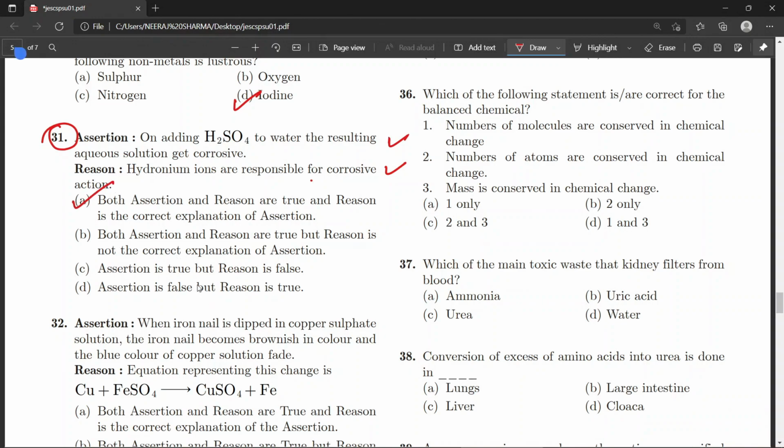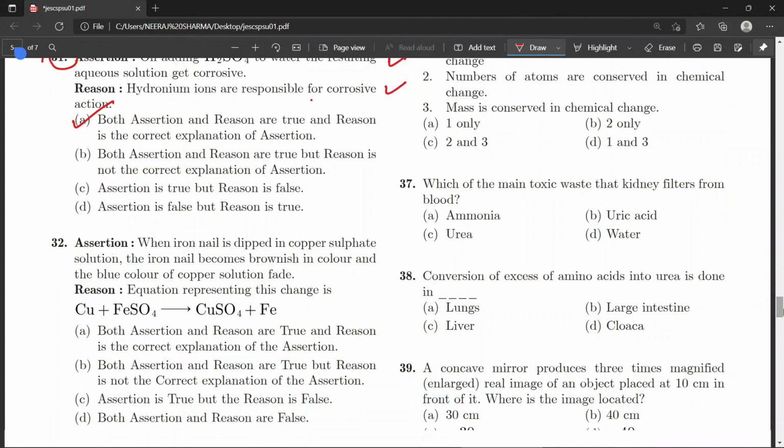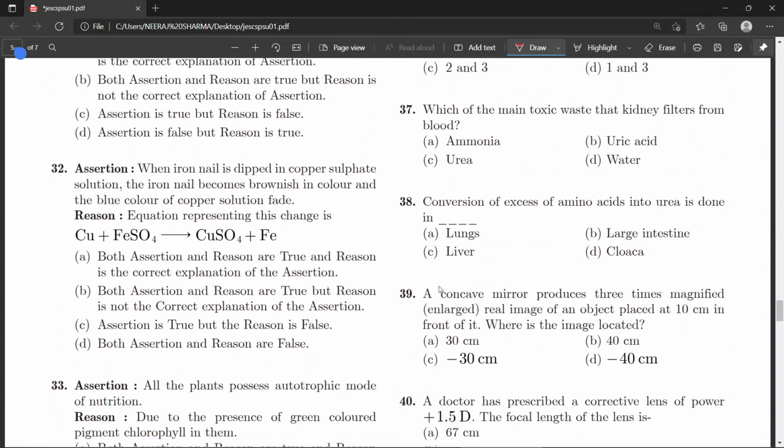Option number A. Now coming to question number 32. Second assertion reasoning. When the iron nail is dipped in the copper sulfate solution, iron nail becomes brownish in color. This is a very simple reaction, you guys. You must be knowing this reaction, okay? There is one particular very beautiful diagram shown in your books as well for this displacement reaction, right?